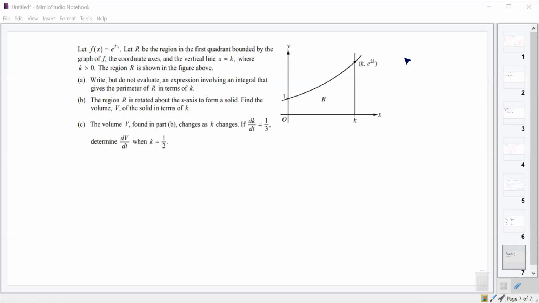So part A, write but don't evaluate an expression involving an integral that gives the perimeter of R. I feel like we did go through this. I think we did. I remember writing this out. I don't recall you going over it. All right, that's fine. This value here is clearly 1, right? We're going up to 1. So our perimeter is going to start with 1 plus this distance. What's that distance?